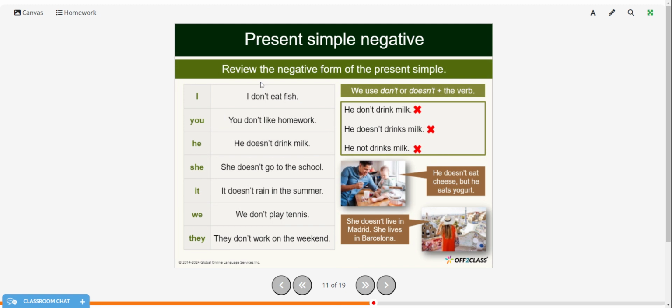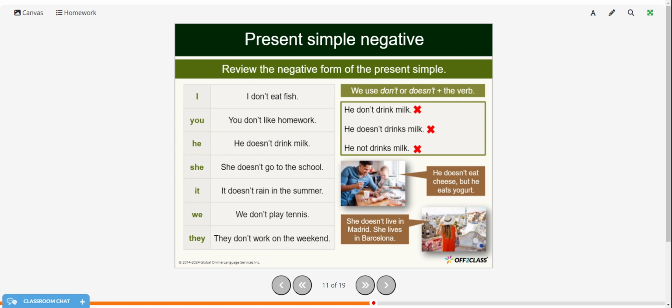All right, so again, just reviewing the negative form of present simple for the other subject types. With I, you, we, and they, everything except he, she, and it, we use don't. I don't eat fish. You don't like homework. And then with he, she, and it, we use the S form. He doesn't drink milk.